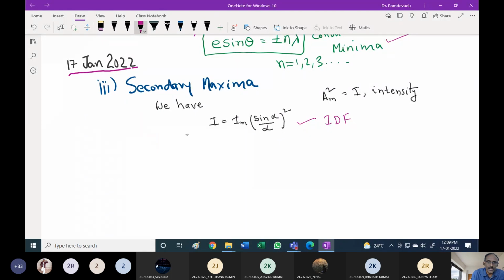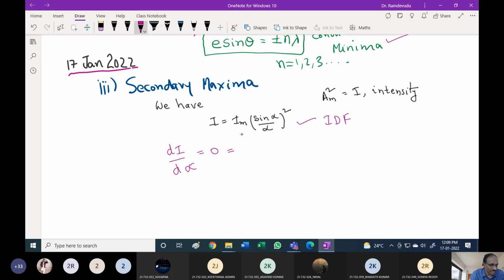Now to find the secondary maxima, we have to do dI by d alpha, that is, to find maxima and minima from your mathematics, I equate it to 0.